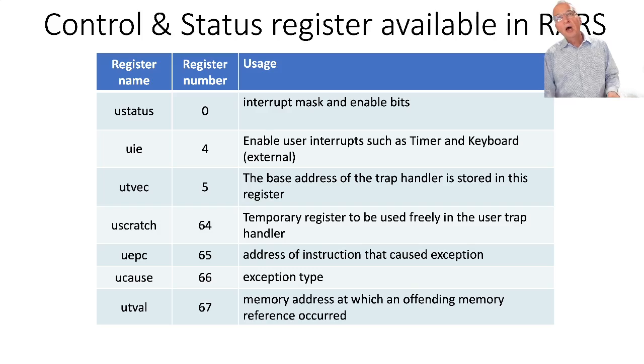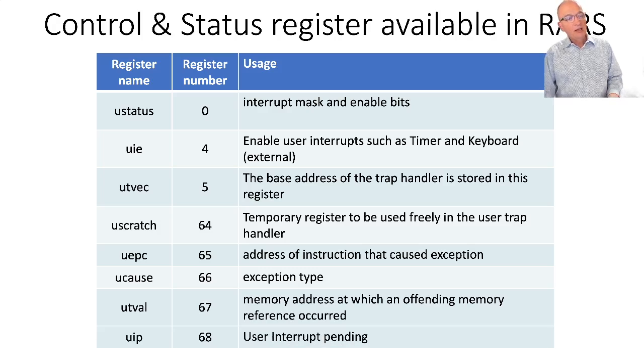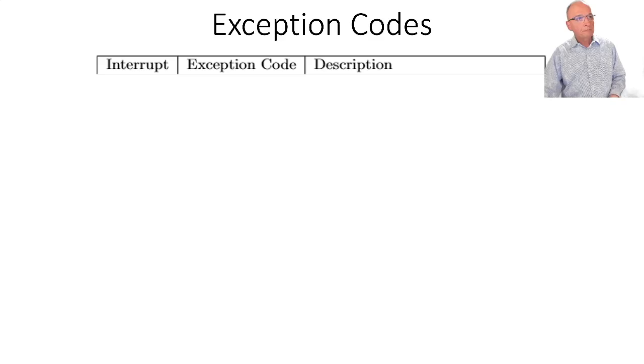So if I do a load instruction, for example, and that load instruction is to an illegal address, the value of that address will be in the UTVAL. And finally, I have the user interrupt pending register, the UIP, that will tell me which interrupts are pending at any given time. So those are the interrupts that I'm not handling right now, perhaps because I'm handling an interrupt of higher priority.